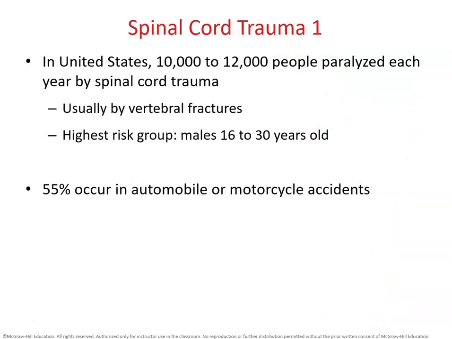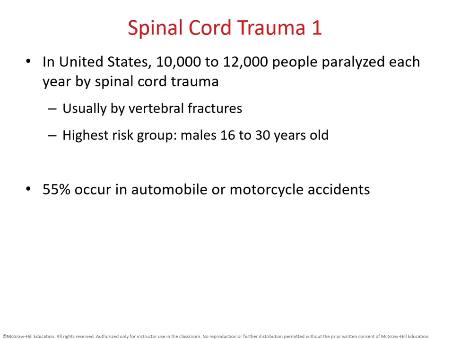So going back to spinal cord damage, we know, statistically speaking, between 10 and 12,000 people each year are paralyzed by some sort of spinal cord trauma. Typically, this happens simultaneous to a fracture of a vertebra, and the group at highest risk for this type of injury is males in young adulthood.